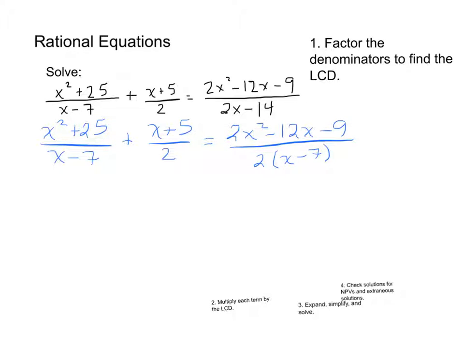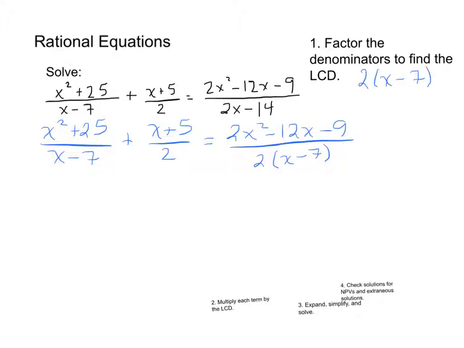But what is the lowest common denominator going to be? 2 times x minus 7, right. So the lowest common denominator, I'll put it here, is going to be 2 times x minus 7.